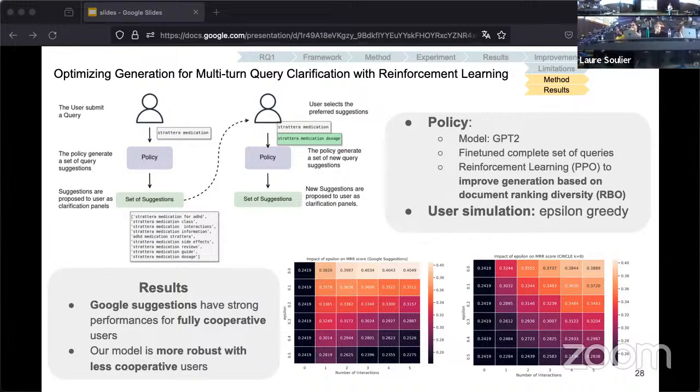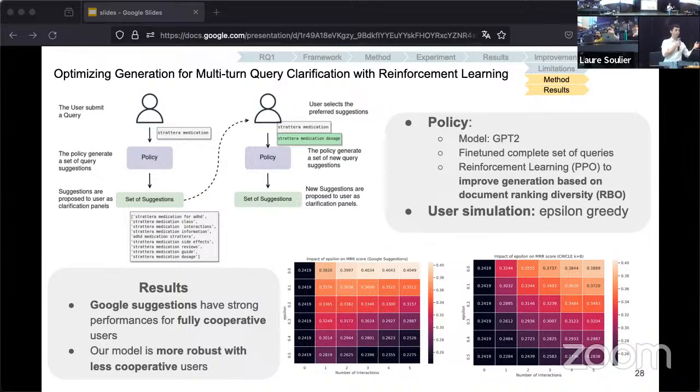Yeah. And so you use proximal PPO. Yeah. And I wonder if at the end you really evaluate the real diversity of the suggestion and how does it perform?